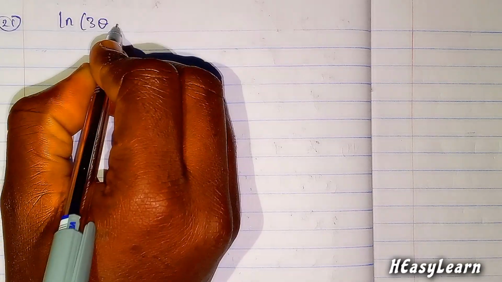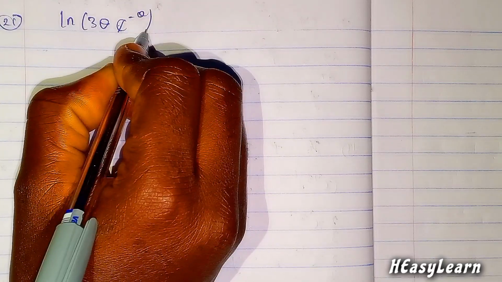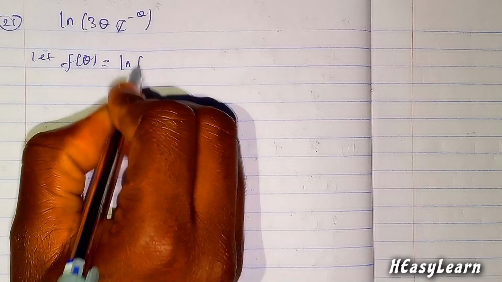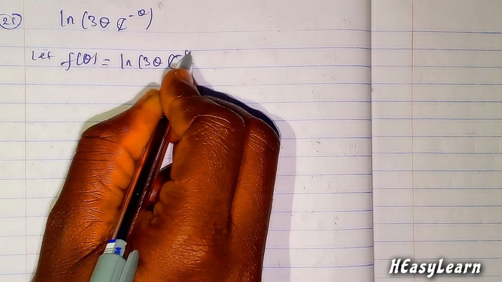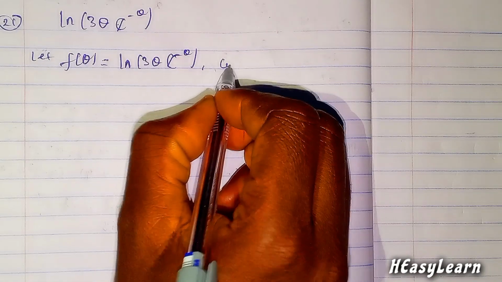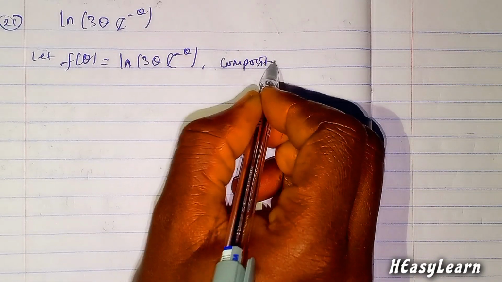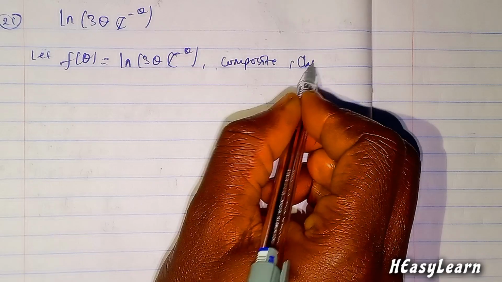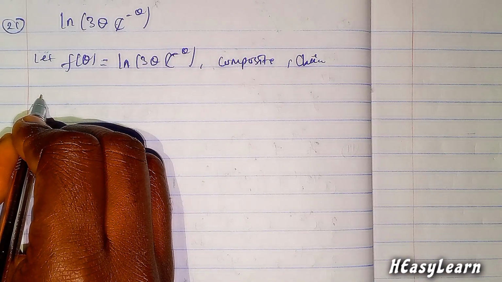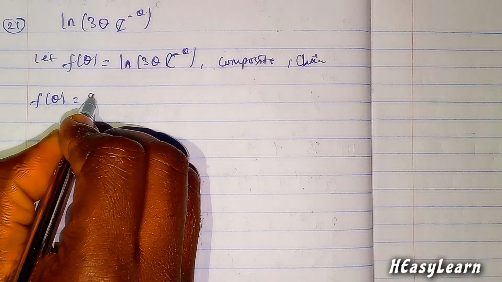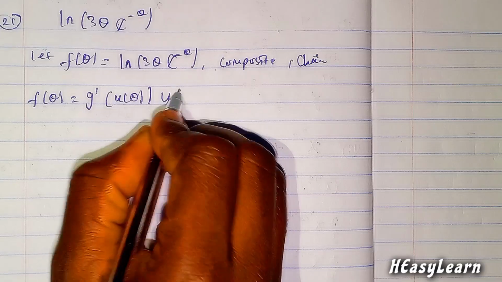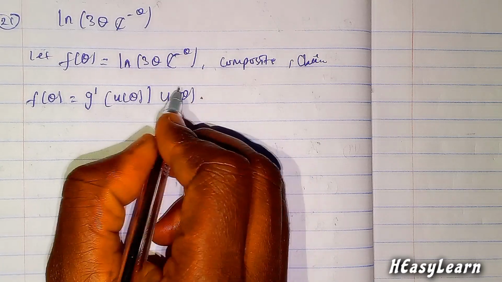ln(3θe^(-θ)). Let f of θ equal ln(3θe^(-θ)). This is a function of a function, also called a composite function. We are going to use the chain rule to find the derivative of this function. In this case, f of θ is a function of u, g of u, then multiply by u prime.